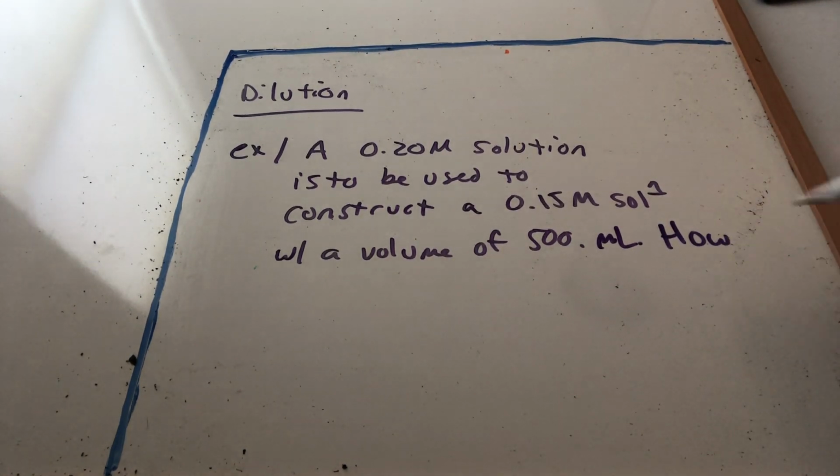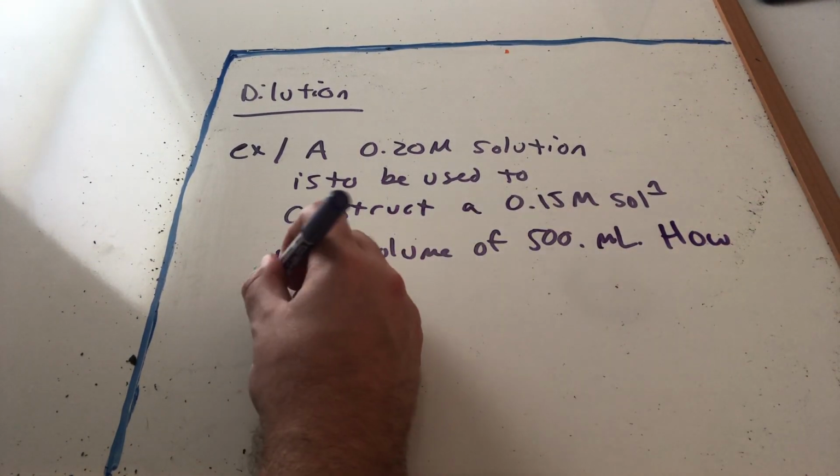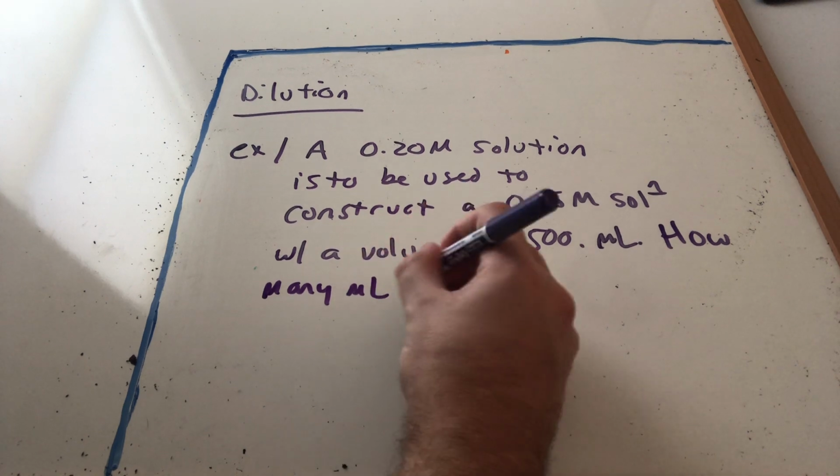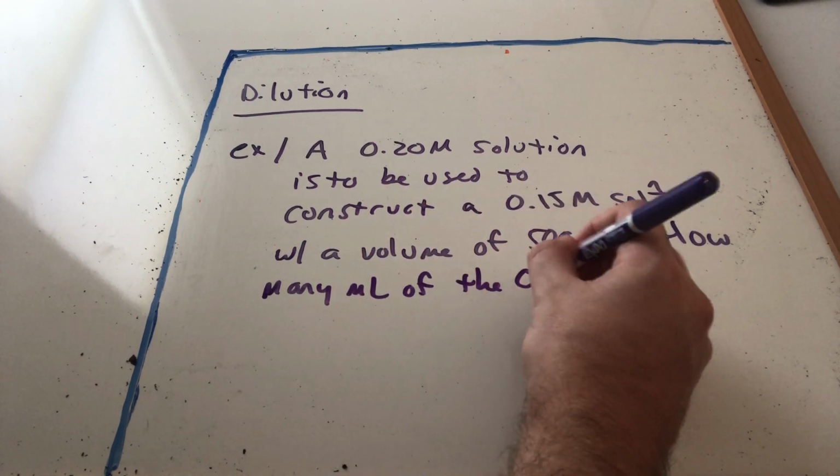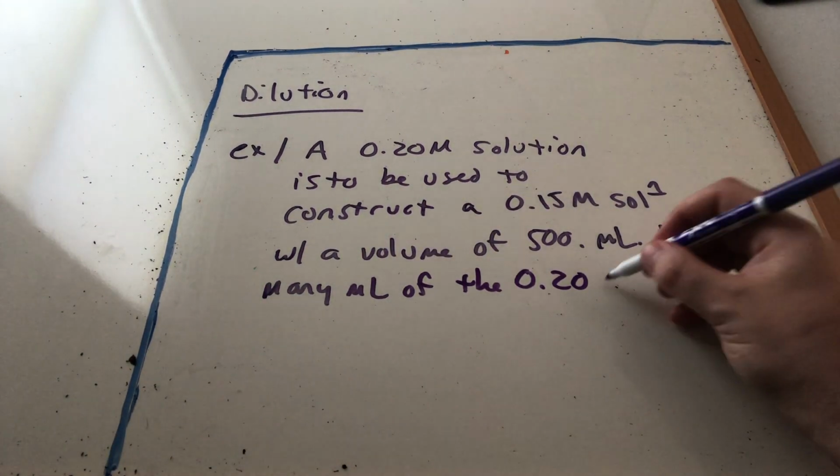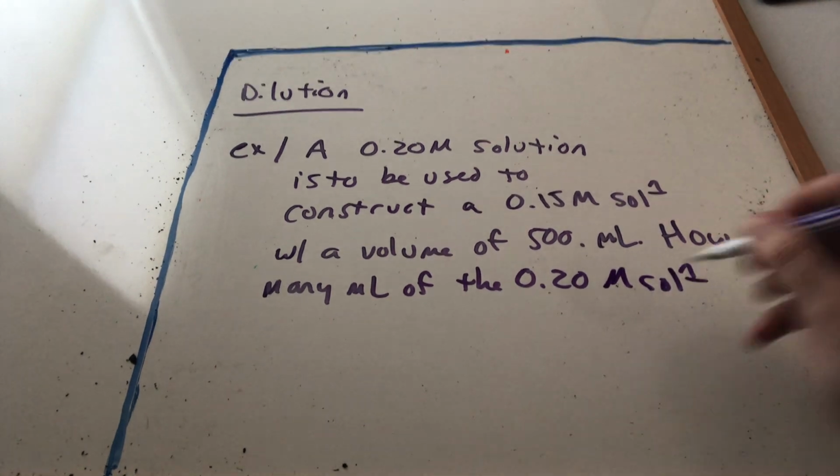How many milliliters of the 0.20 molar solution are needed?